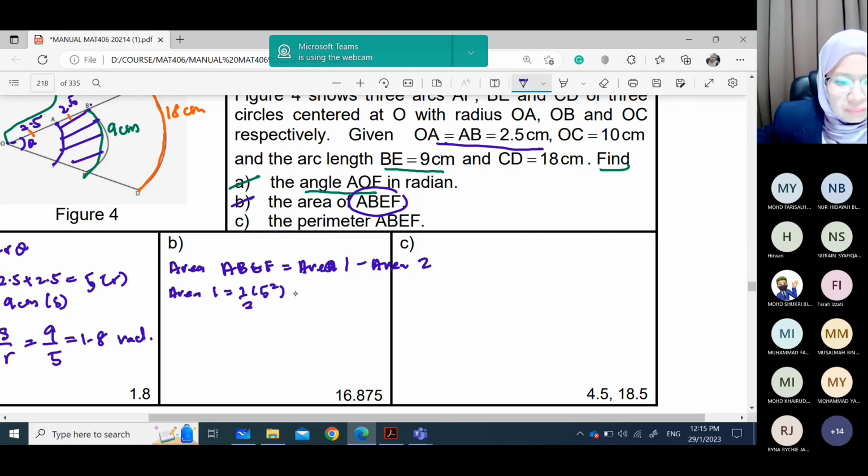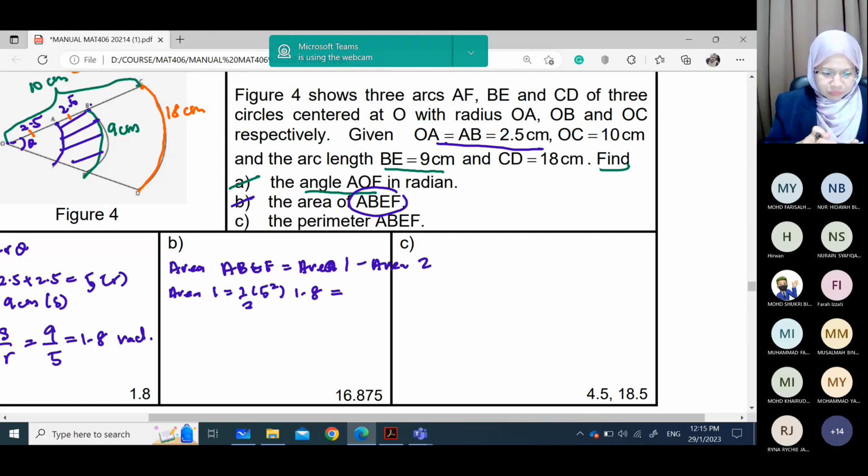Angle dia sama 1.8. So area 1 adalah 22.5 cm squared.